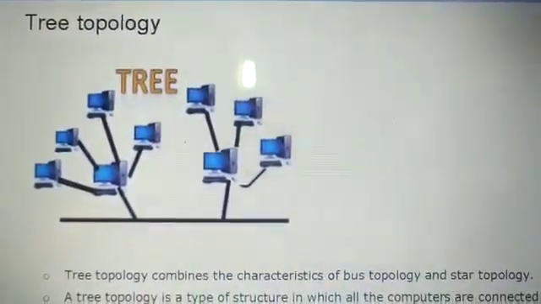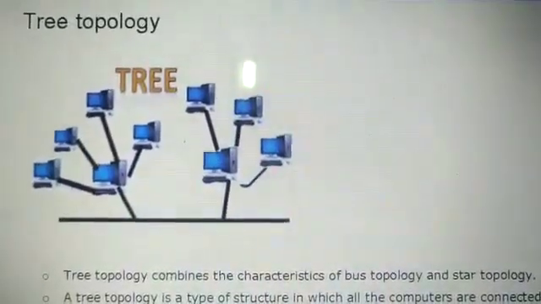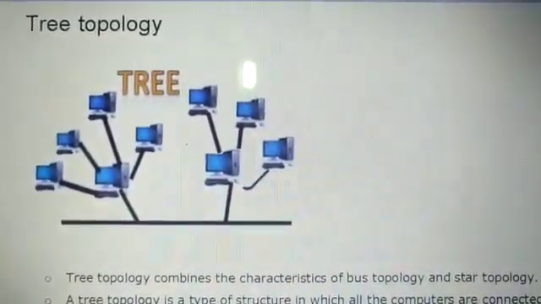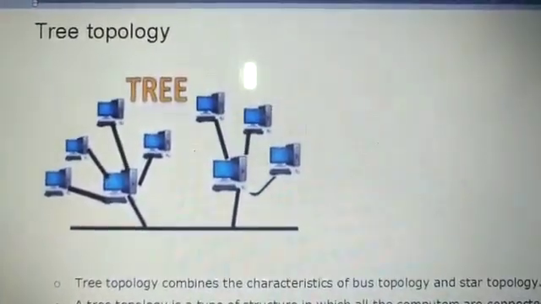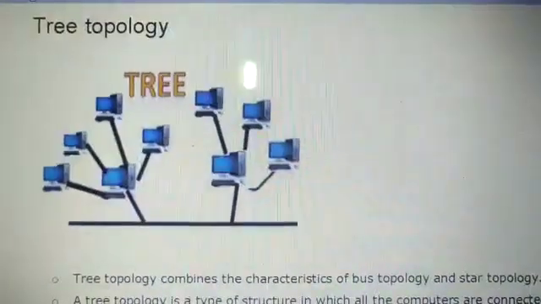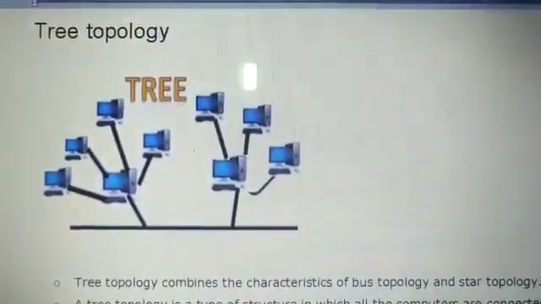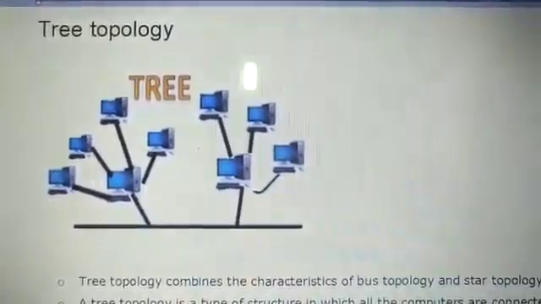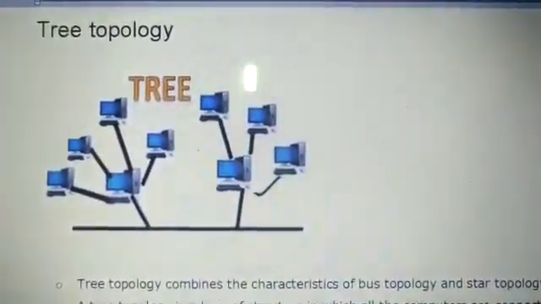Today's topic is tree topology. A tree topology is a variation of a star topology. As in a star, the nodes in a tree are linked to a central hub that controls the traffic to the network.